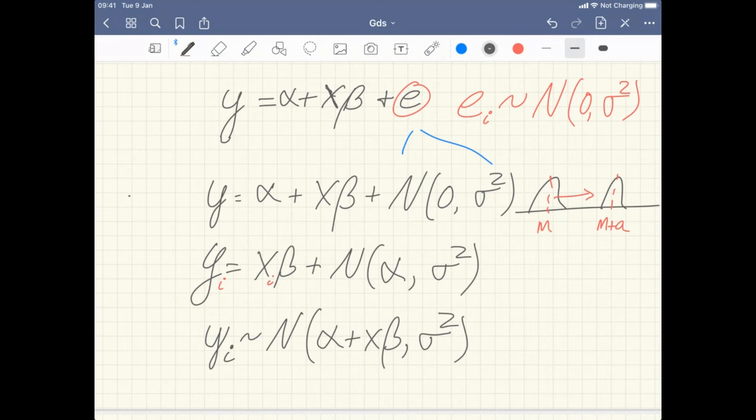And the last realization is that since each of the observations can be treated independently, I can add x beta to every observation, and even though that'll change, it'll still mean that the normal distribution applies.